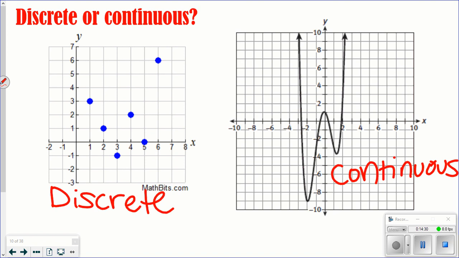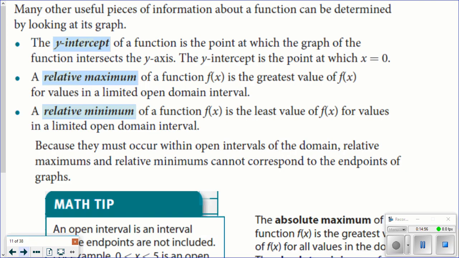Even if there were not arrows here, even if there were endpoints, this is still considered continuous because it's connected. Right? If I put points here, these points are connected by this curve. So this is continuous. Okay? Right.